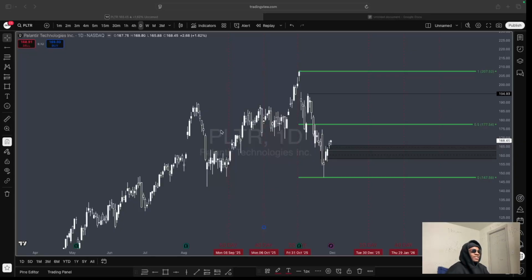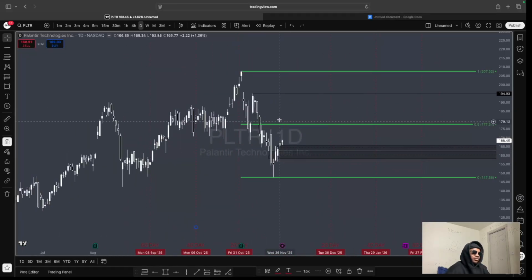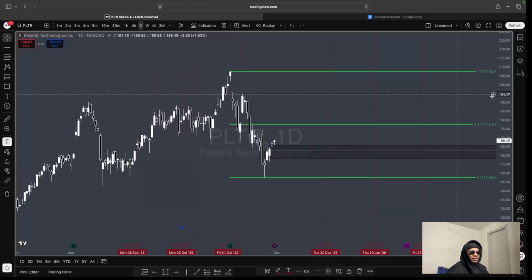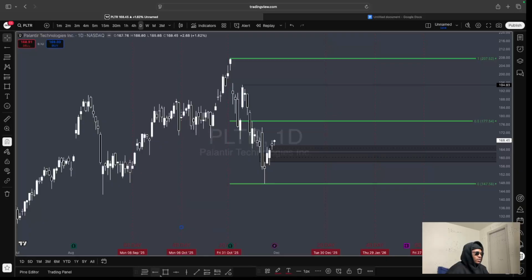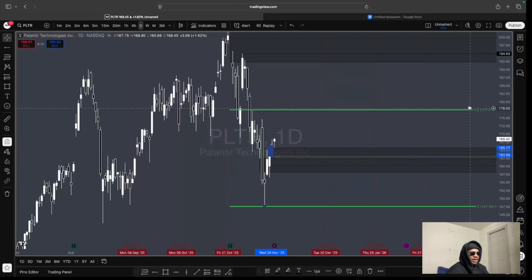So I definitely like the way Palantir is setting up. It's in a discount of this dealing range. Well, I'd love to see we got this little volume imbalance right here also. So yeah, this area is key that I want to see price come to. That 194, we get a push back down to this right here.